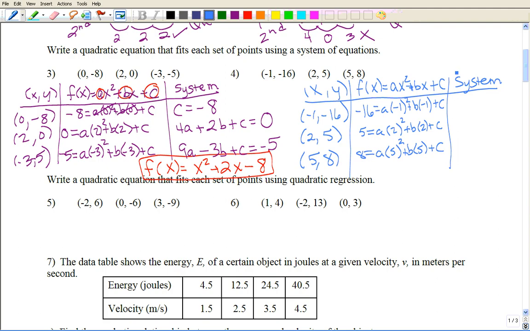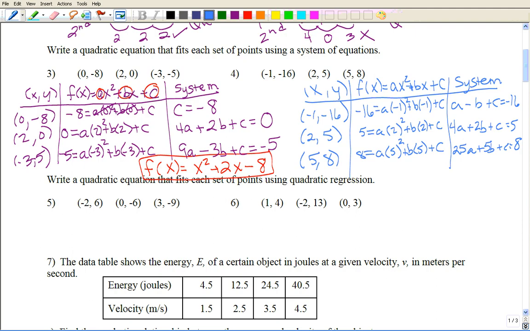Negative 1 squared is 1, so we'll have a minus b plus c equals negative 16. Now 2 squared, so we'll have 4a plus 2b plus c equals 5. And then finally 5 squared is 25, so we'll have 25a plus 5b plus c equals 8.